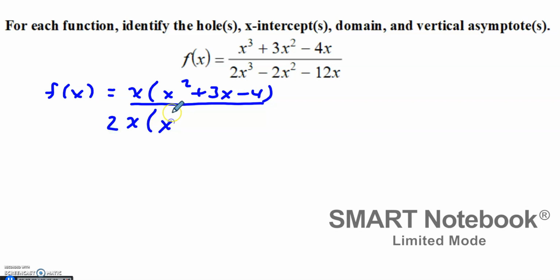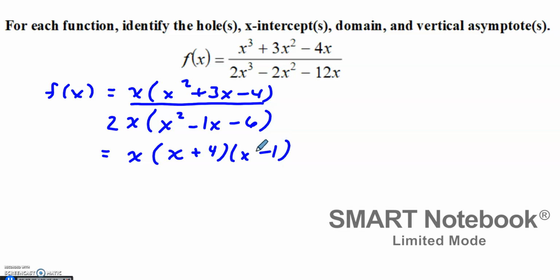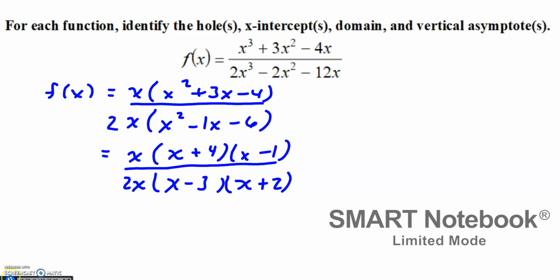If I do that, I'm left with x squared minus 1x minus 6. I'm not going to cross anything out yet. I'm going to keep factoring. So the top would be x plus 4, x minus 1, and your denominator is GCF of 2x. Continue to factor. This trinomial would be x minus 3, x plus 2.